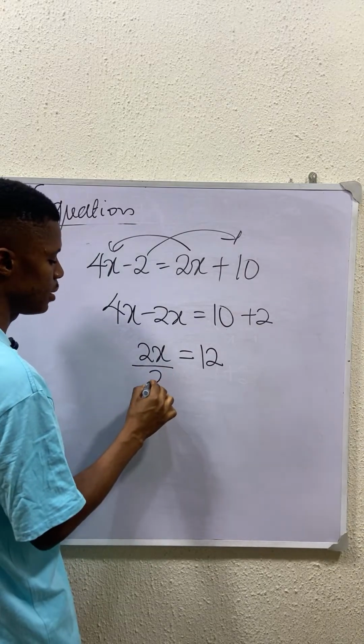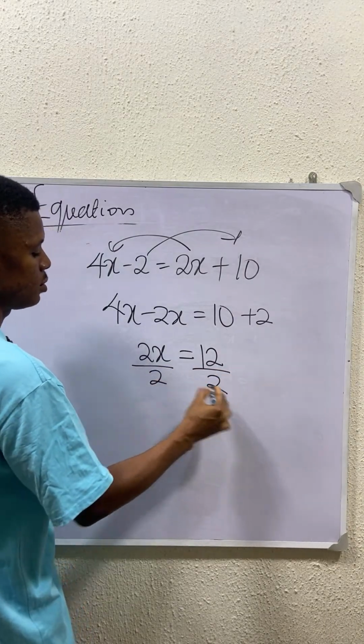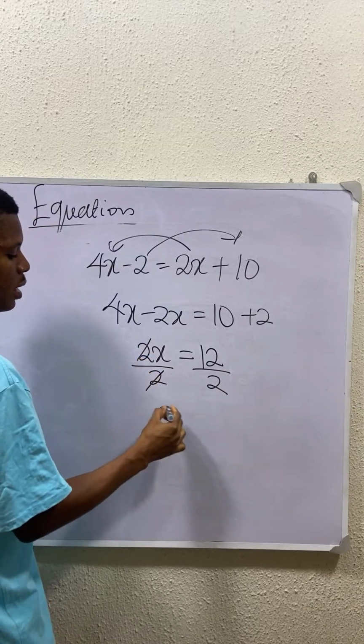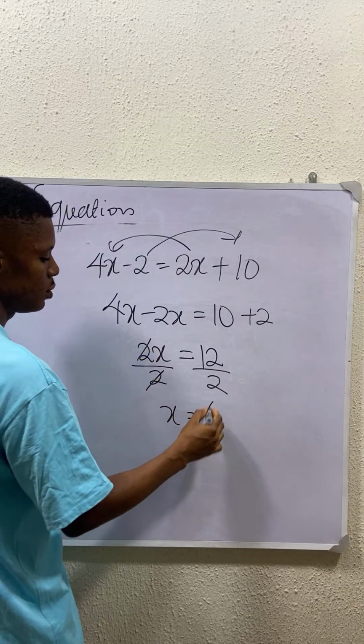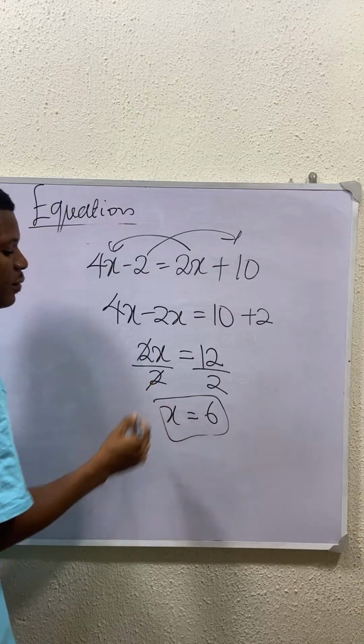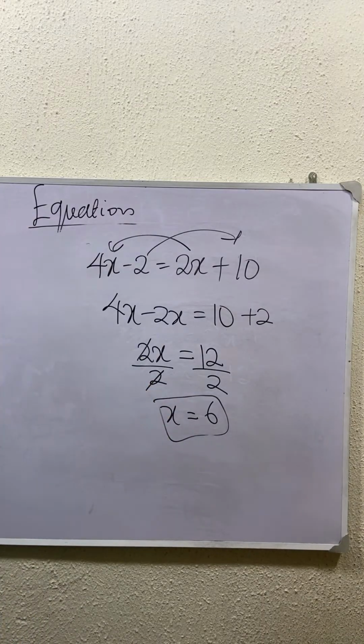We'll divide through by 2 and divide through by 2. If you divide by 2, you have it that x is equals to 6. So the value for x that can satisfy the given equation is that x is going to be 6. It's only 6 that can satisfy the given equation. So it is very, very easy and simple to do.